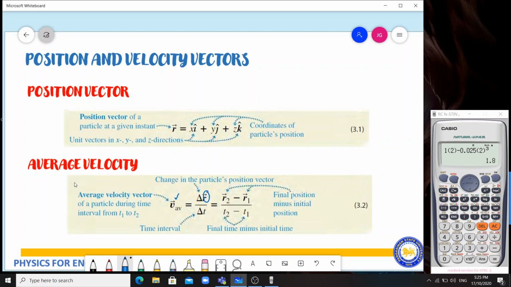So the position vector is the position of a particle at a given instant. It is represented as r vector equals xi plus yj plus zk. If you remember, this representation is what we call unit vector.